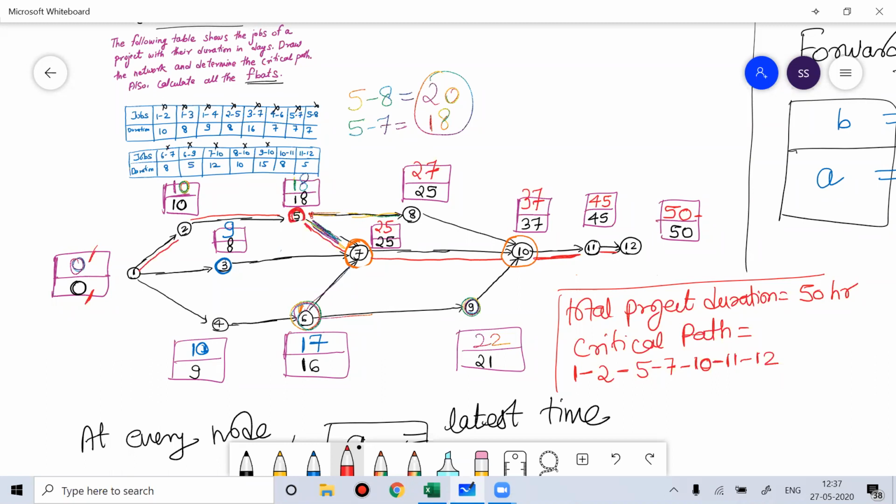For all the nodes for which earliest time and latest time are the same, they can be the component of critical path. See this? Anyone have doubt? Ask me.